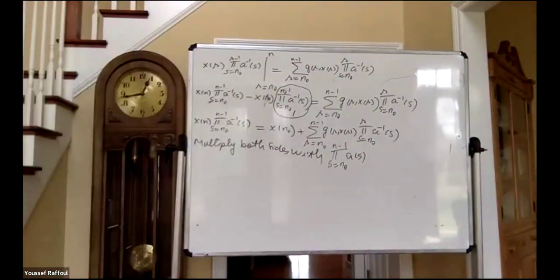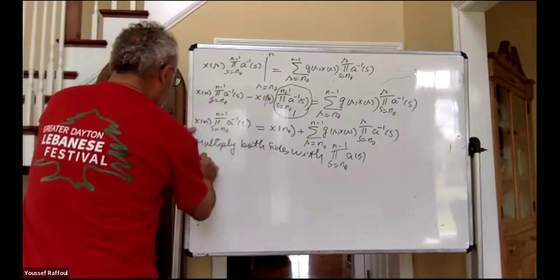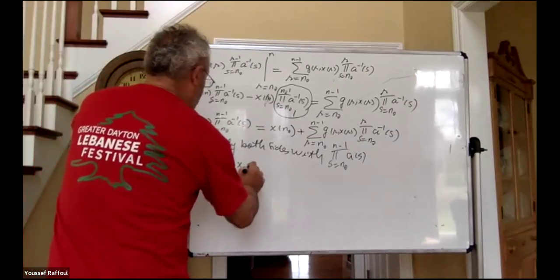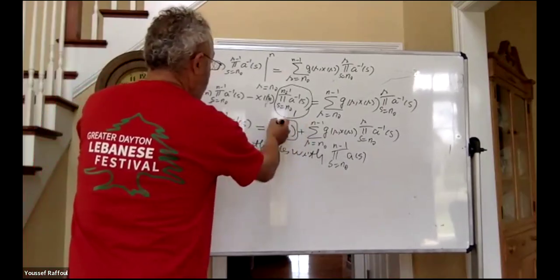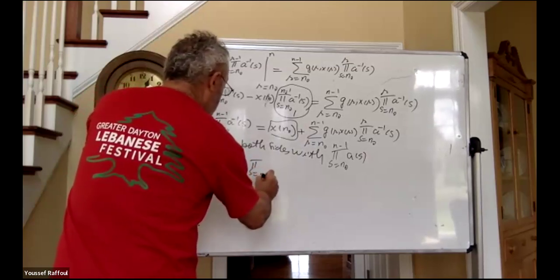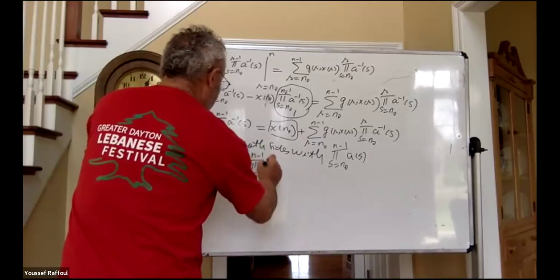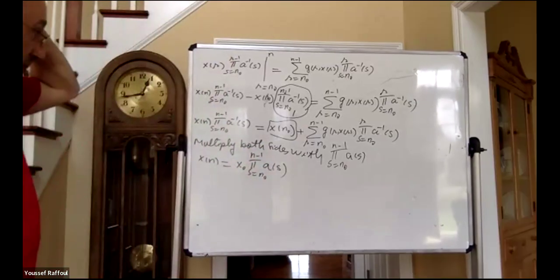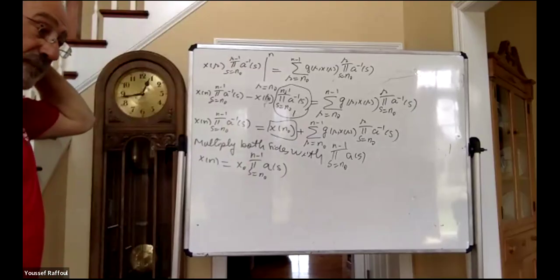Why am I doing this? Okay, if I do that, this becomes 1, xn equal to x naught, because remember, xn naught is x naught. Okay?